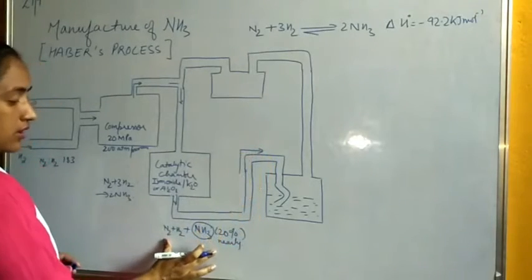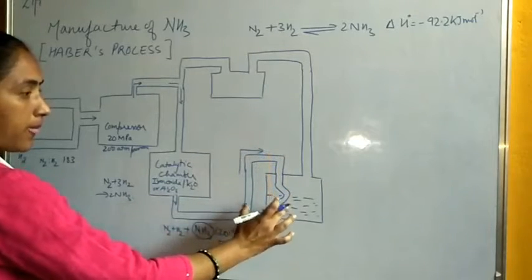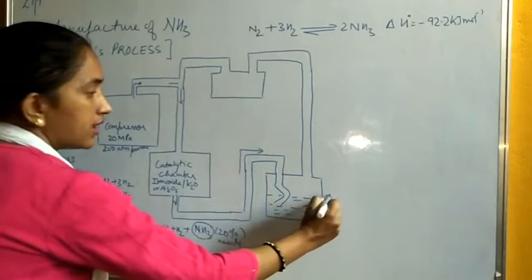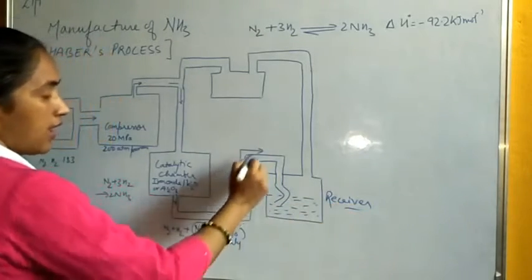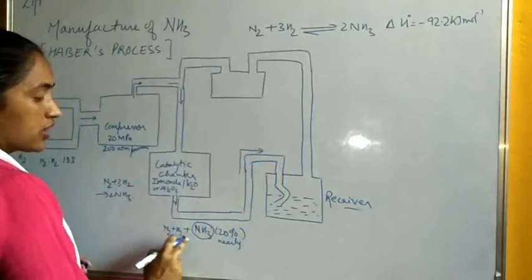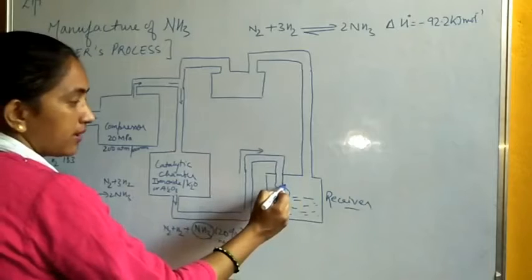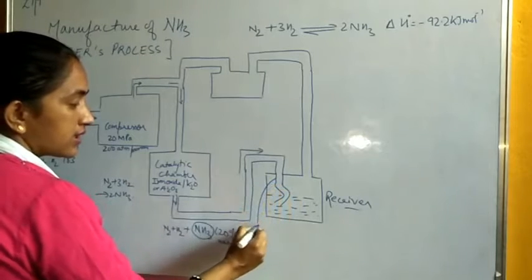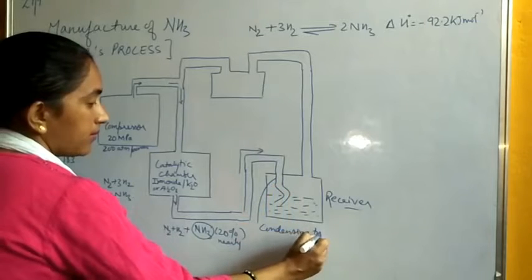Now this mixture will be made to pass into the compartment which is a receiver here, which contains water, and this nitrogen and hydrogen along with the ammonia pass through the, this is also called a condensing pipe, right? This is the condensing pipe.